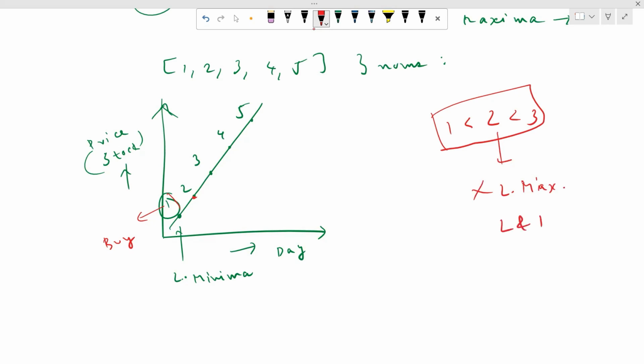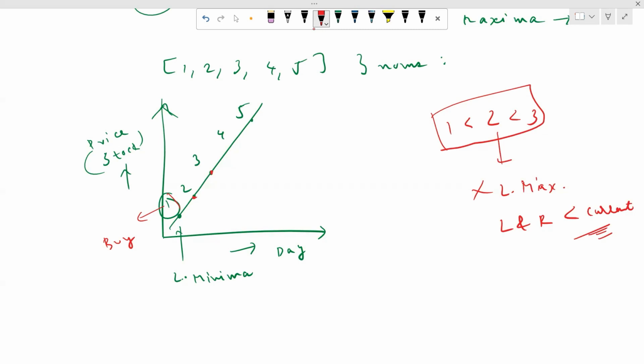Both left as well as right values should be less than the current value, but here this is not so, right? So we'll directly move to the 3. Can 3 be considered as a local maximum? No, 3 can't be a local maximum because it does not satisfy the condition, right?